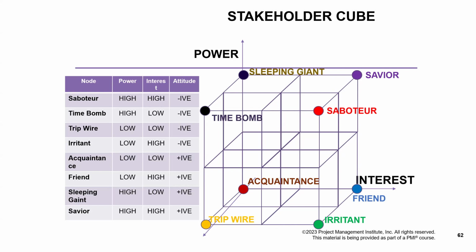Now let's talk about the good categories which are behind. Let's start with the sleeping giant. Sleeping giant, no attitude, very good. High power, okay. And no interest. This is a sleeping giant. This is just like the category we had where the power was high and no urgency, no legitimacy.